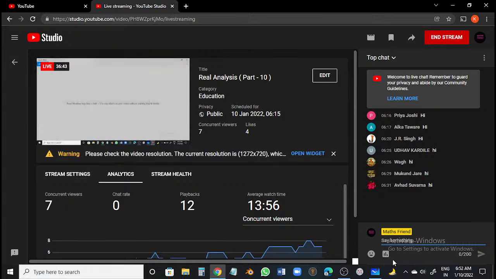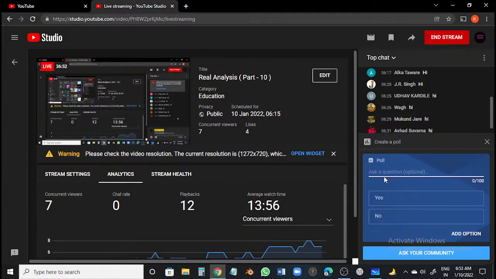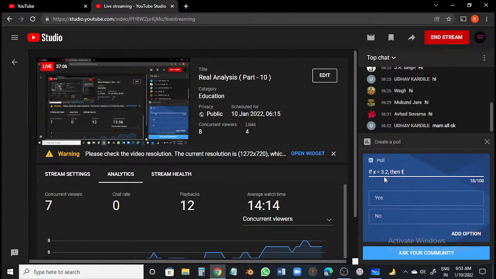So let's have a poll here. If x equal to 3.2, then the sequence curly bracket x raised to n.